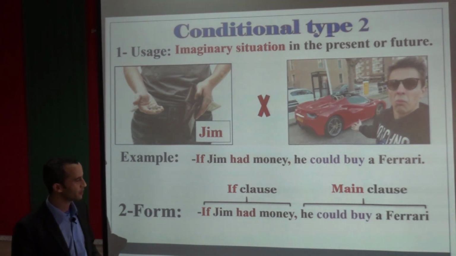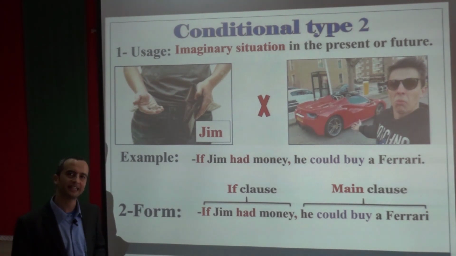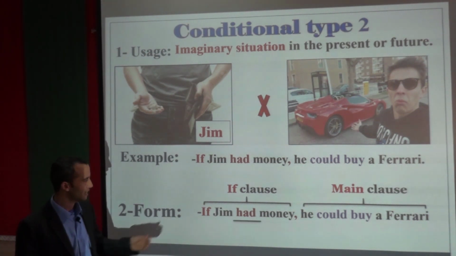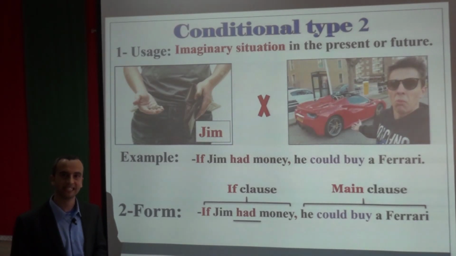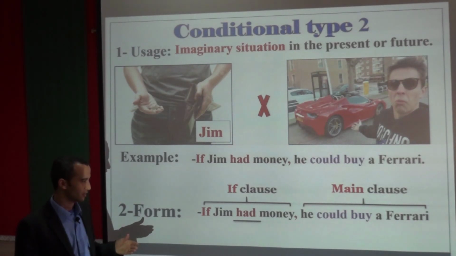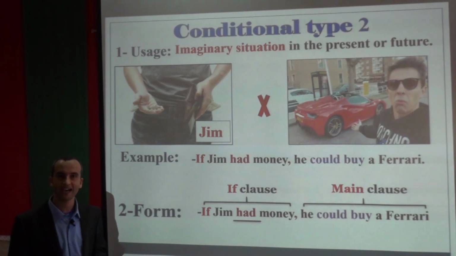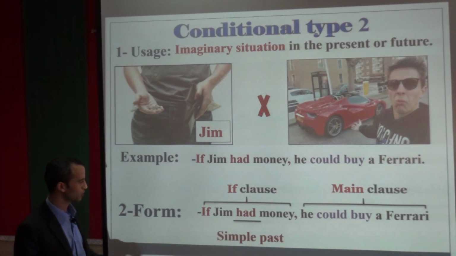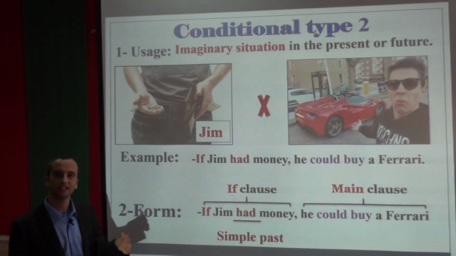So as you can see here, we have a verb. Where is the verb here in the if clause? Wonderful. It is had. Which tense is this? Good job. It is the simple past of the verb to have. Good. So here, this is the simple past.